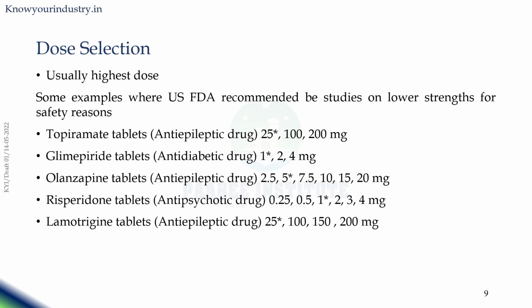That means the insulin levels or sugar levels can go so low that the highest dose could potentially give side effects. Then for olanzapine tablets, the middle dose of 5 mg has been taken. Risperidone tablets, lamotrigine tablets. There are several examples where you can use the middle or lower dose for bioequivalence studies due to safety reasons. But generally, the highest dose is recommended for the BE study.